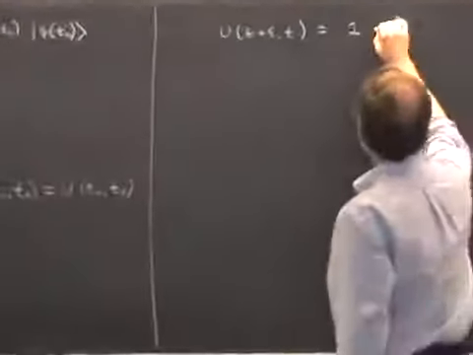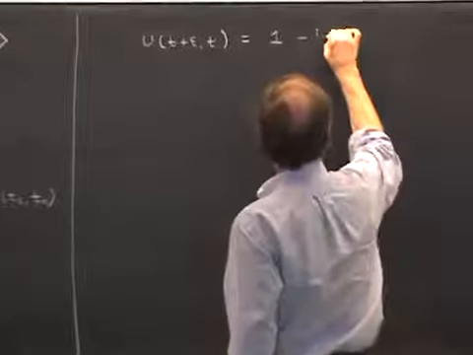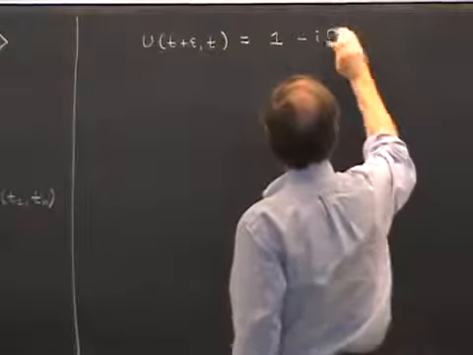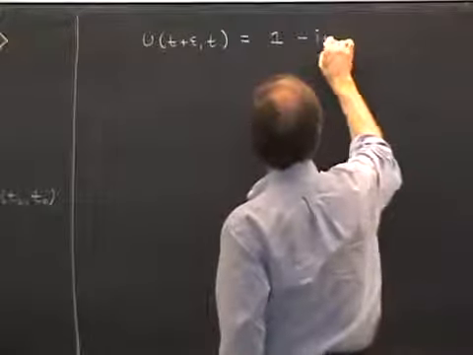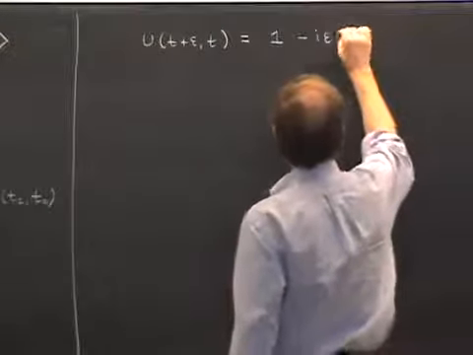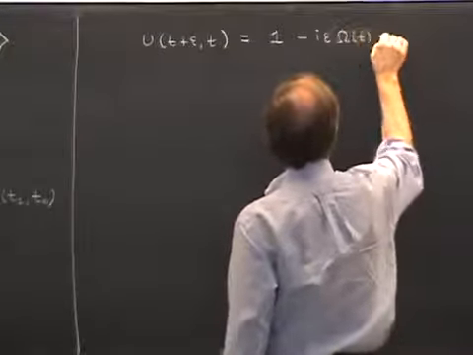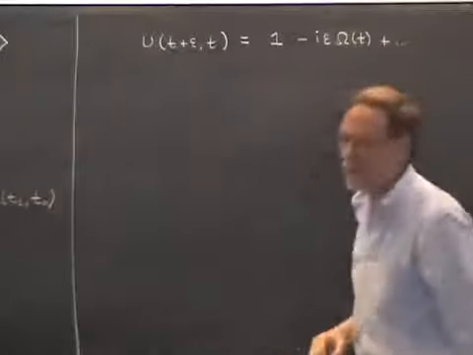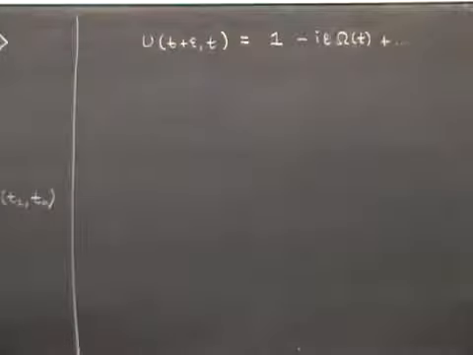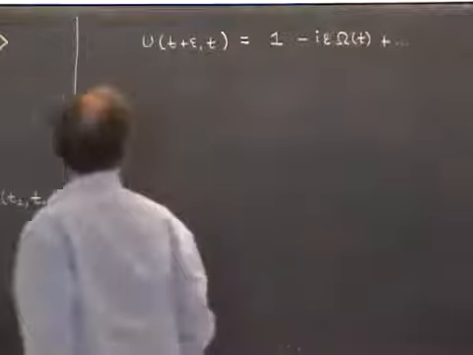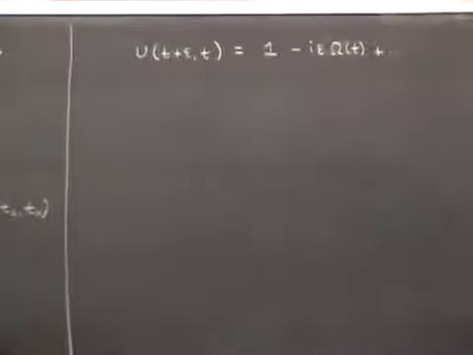And for the correction term, allow me to write it in the form of minus i epsilon, that's proportional to epsilon, minus i epsilon capital Omega(t), and then there's higher order terms of order epsilon squared and so on that I don't care about right now. So this is just a way of writing the first order term.